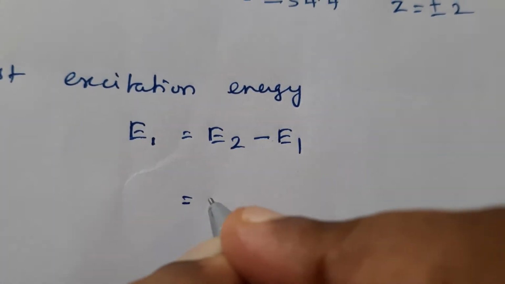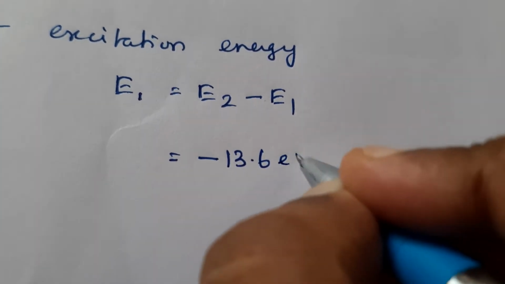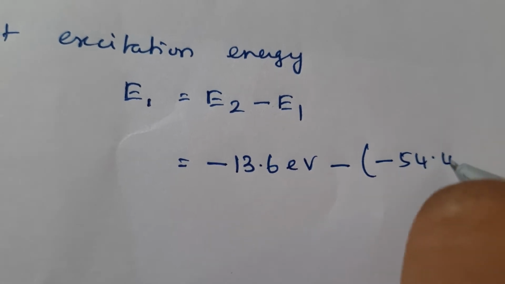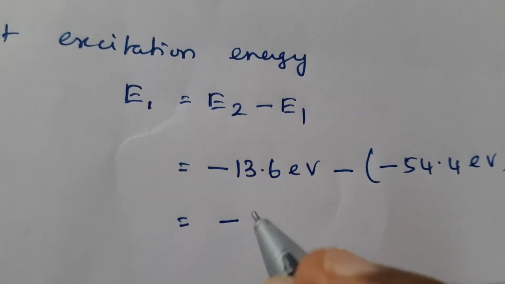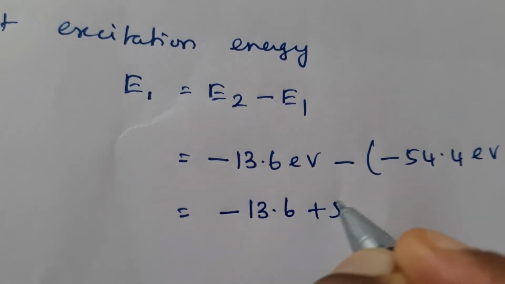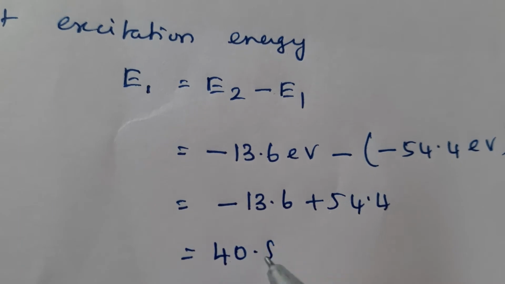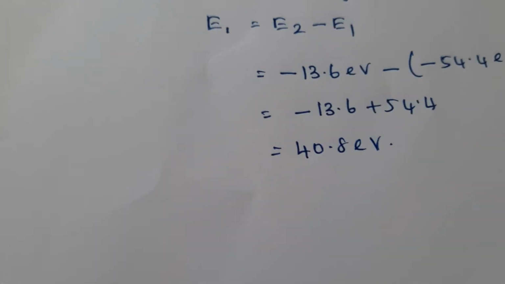E2 we have calculated as -13.6 electron volt, minus E1, which is -54.4 electron volt. So this can be written as -13.6 + 54.4, that is 40.8 electron volts. This is the first excitation energy.